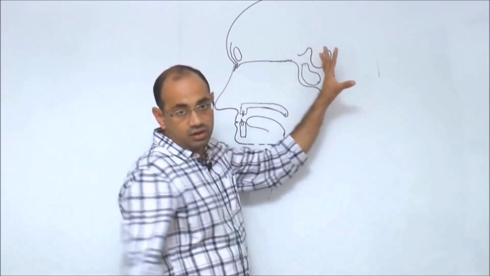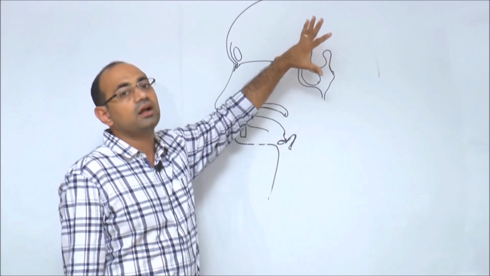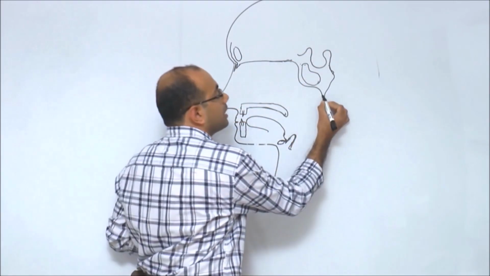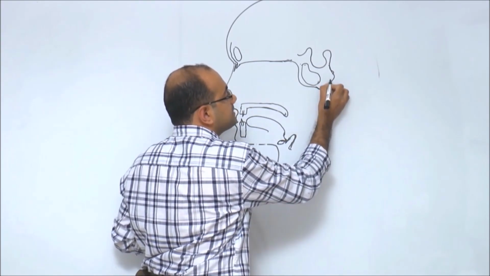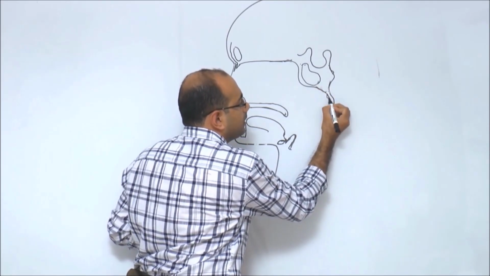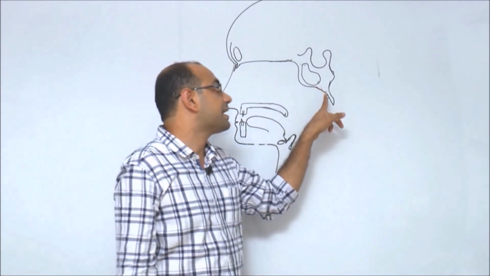Now why I said all this is to know what are the structures seen in the roof of the upper end of the pharynx. If you're asking what is seen in this area, it would be your basi-occiput. You have a small projection over there which you would have learnt in the base of skull, that is your pharyngeal tubercle.